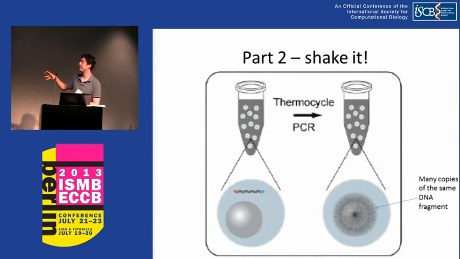You mix the fragments with the magnetic beads, these small beads, and you shake it, and you make sure that each fragment is attached to a single bead. So you have beads with templates. Then using PCR, you make sure that you have plenty of copies of the DNA template on each bead. So you have this tube with beads, and on each bead you have many copies of a single DNA template.